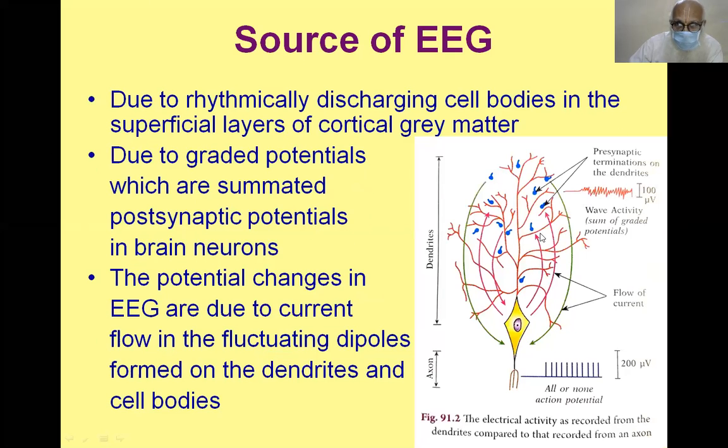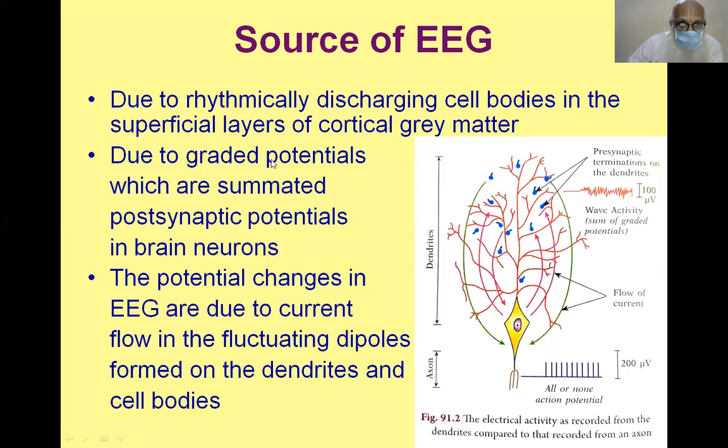So this is how the EEG is produced. Essentially, it is a rhythmically discharging potential from the cell bodies, which are in the superficial layers of the cortical gray matter. These are graded potentials, which are summated post-synaptic potentials of the brain neurons.